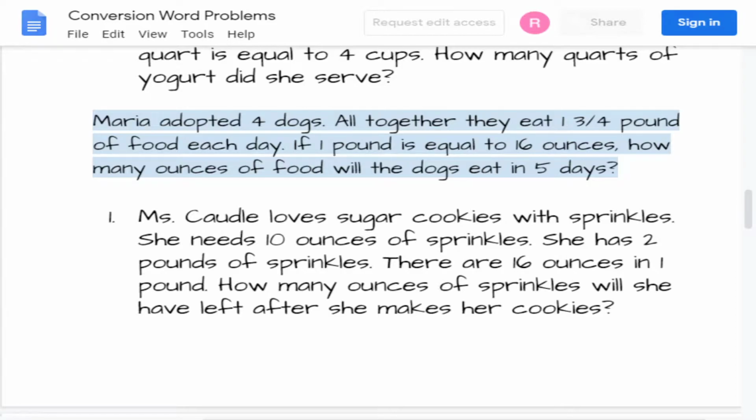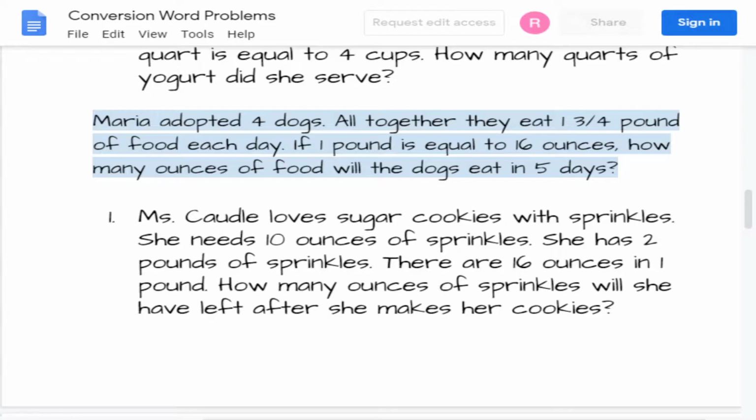All right, so let's go through this. They eat 1 3/4 pounds of food each day altogether. That is extremely important, because if it said they each eat 1 3/4 pounds, we would have to figure out how much they eat each day.